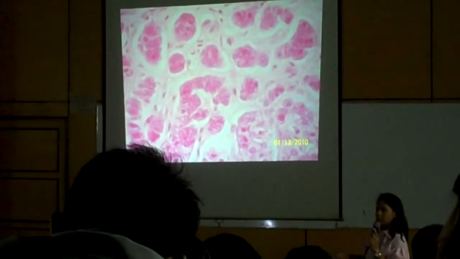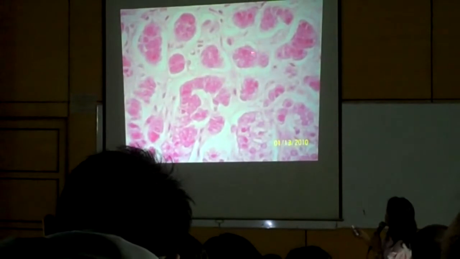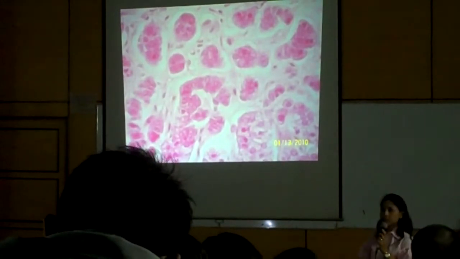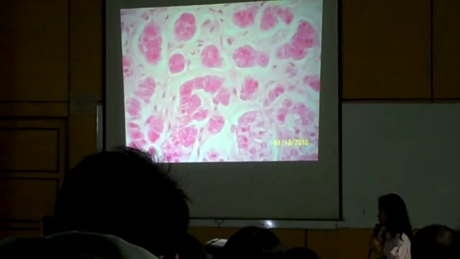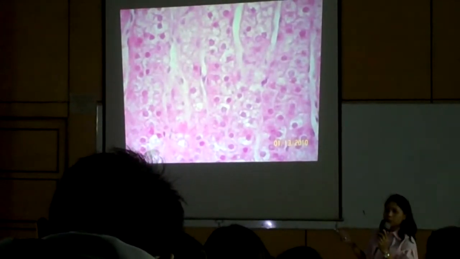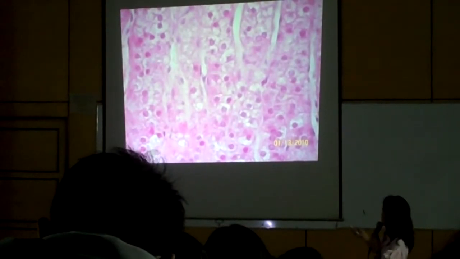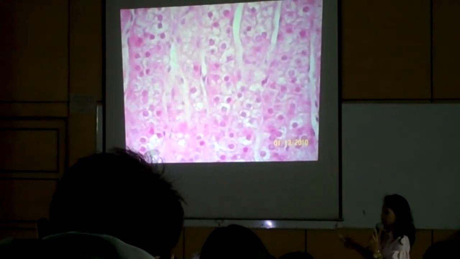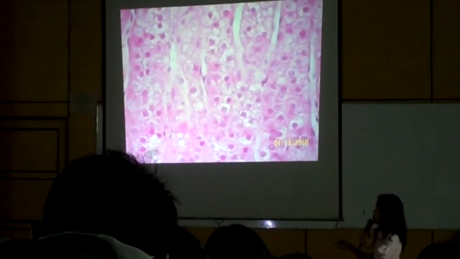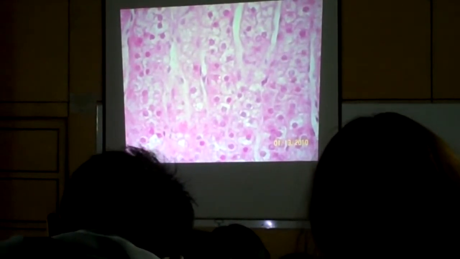Glomerulosa because its architecture is likened to the glomerulus of the kidney. Okay, fasciculata, from fascicle, so you have columns, 1 to 2 cells thick. And the cells have vacuolations containing liquid. That's why they appear like there are holes or it is perforated.